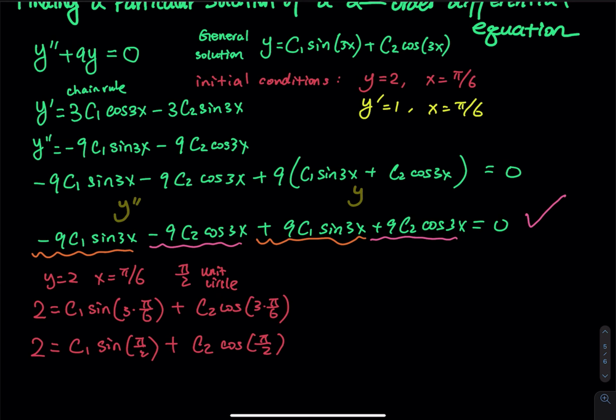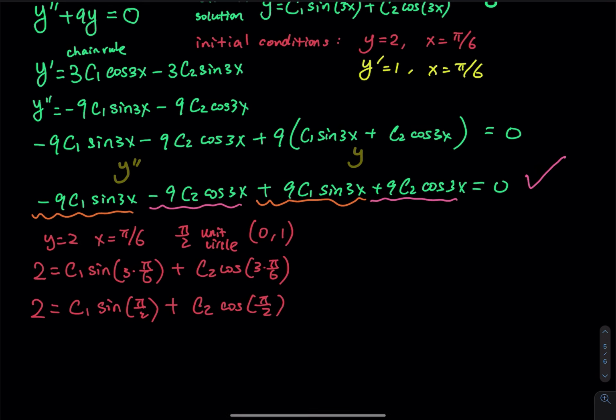Pi over 2 is 90 degrees, so x is equal to 0, y is equal to 1, and sine of pi over 2 is equal to 1, so we have c1 times 1, and then plus c2 times 0, so the c2 is gone, so this will be just 0, and then we have c1 equals 2. All right, so that is for the general solution.